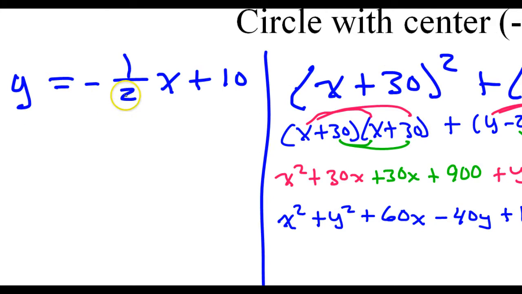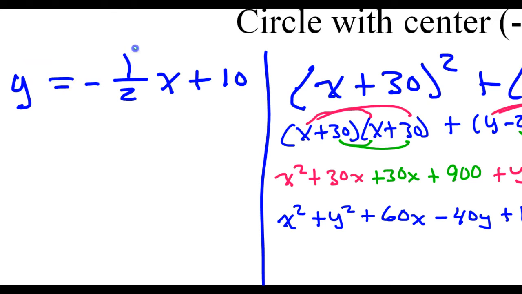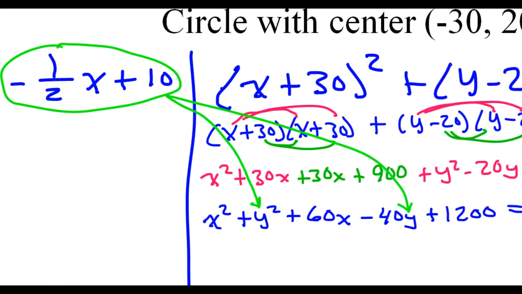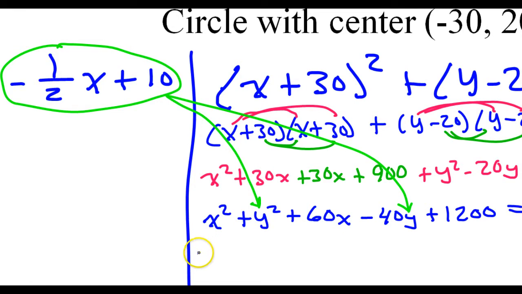Meanwhile, we know that y equals negative 1/2 x plus 10. So we're going to have to take this negative 1/2 x plus 10 and substitute it in for the y's. So we're going to substitute it in here and here. Okay, so this could get a little messy. So I'm going to have x squared, alright, just brought that down, but then the y squared is going to become this sort of parentheses squared.